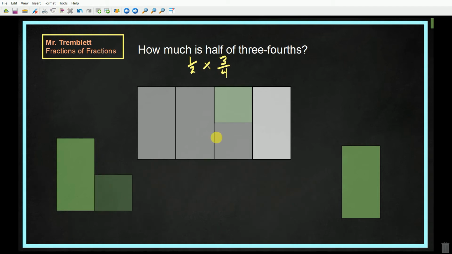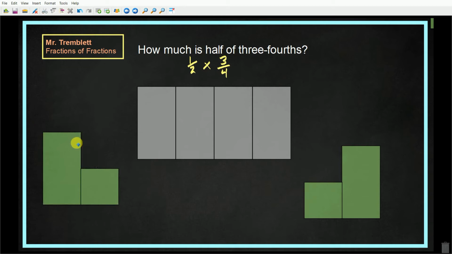This person gets 1 and this person gets 1. So we both have the same amount in both groups. And so here is my answer right here. So I just have to find a name for this. This is what my answer is.